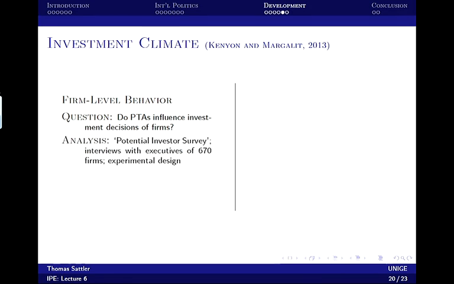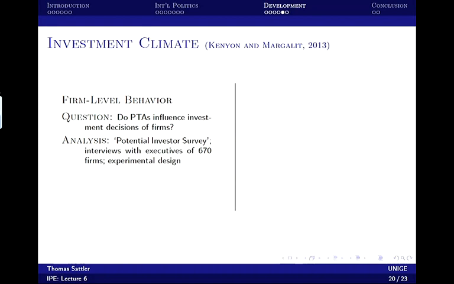So all the story that I told you about FDI, that works through firms, right? Big multinational firms. So what they do is they send a survey to potential investors. So these are firms in Brazil, India, South Africa, and South Korea, so big firms in these countries. And they do interviews with the executives of these firms.